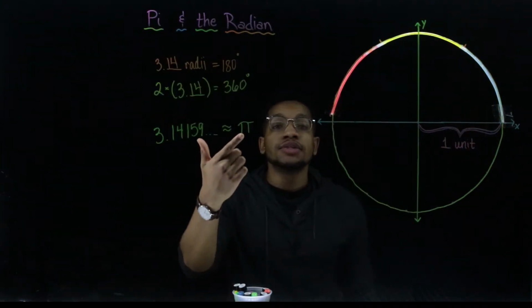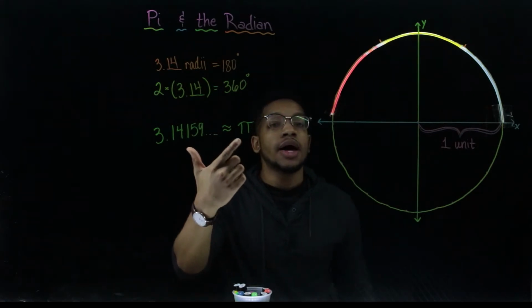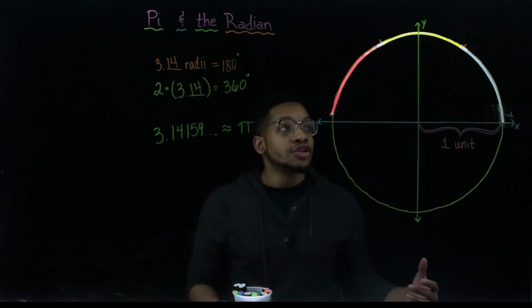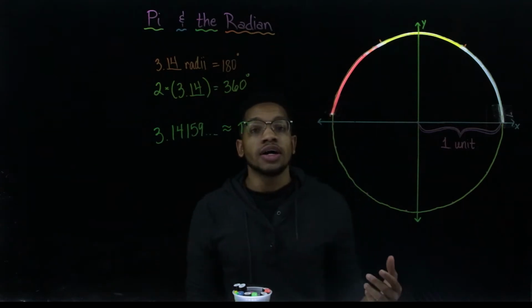All right, so it takes this many radii to fill up half of the circle, right? So let's talk about what each one of those radii gave us.